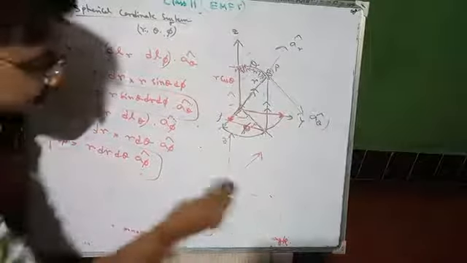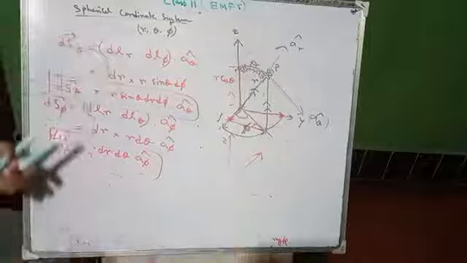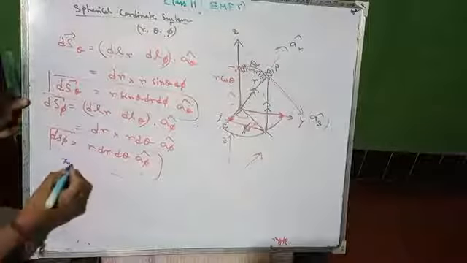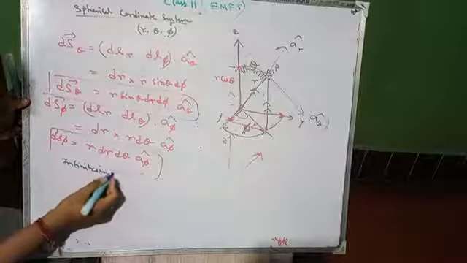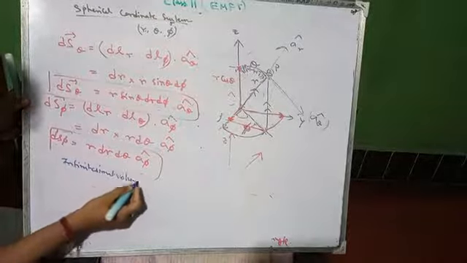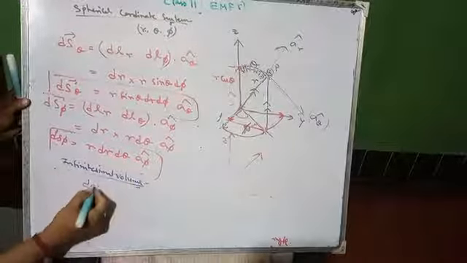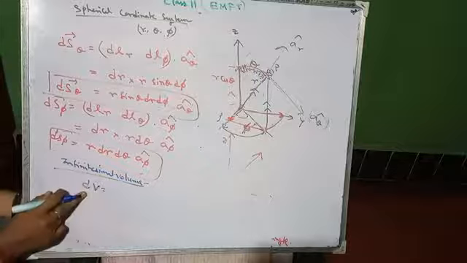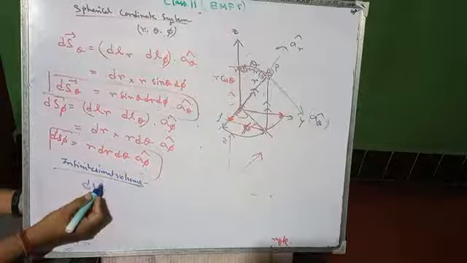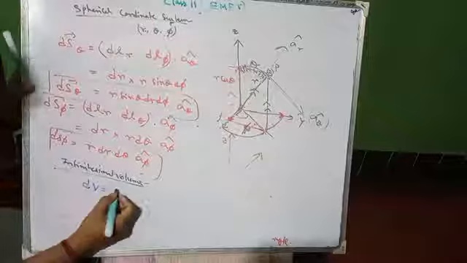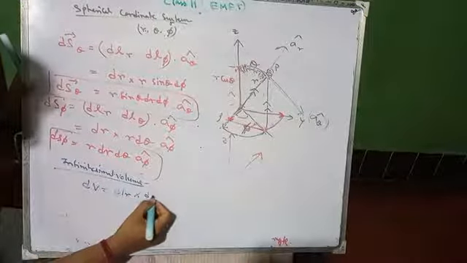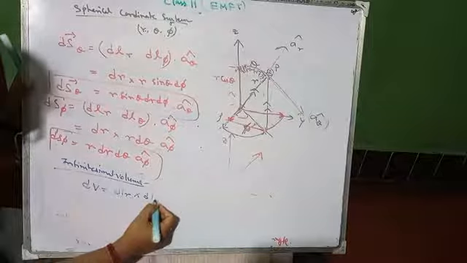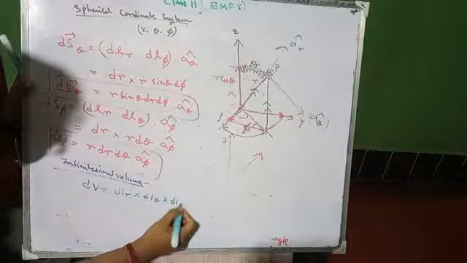Now what is the infinitesimal volume? dV. It is a scalar quantity, that's why you cannot put any arrow over it. Okay, so dl_r, normal or scalar multiplication with dl theta and dl phi.